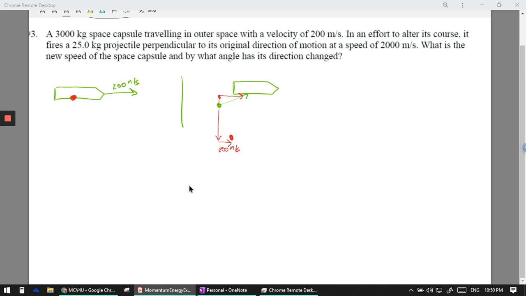But let me think about that for a moment. I just checked the solution here, and this 2,000 meters per second, it says that it's perpendicular to its original direction of motion.